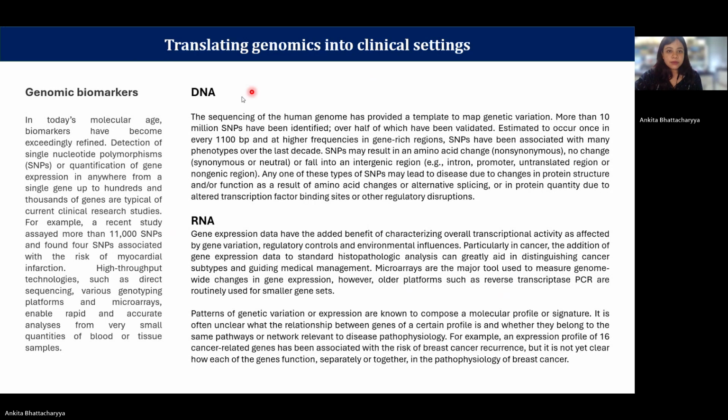So if you look at the types of genomic markers, first, of course, are DNA biomarkers. Because the human genome underwent sequencing, it has provided us with a template to map genetic variation. More than 10 million SNPs, which is an insane number, have been identified. SNPs, again, are single nucleotide polymorphisms, one base variation within a population.